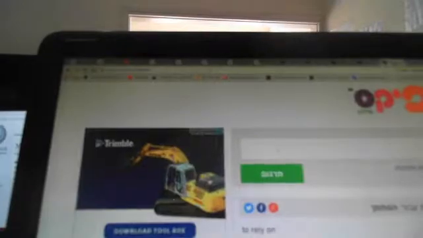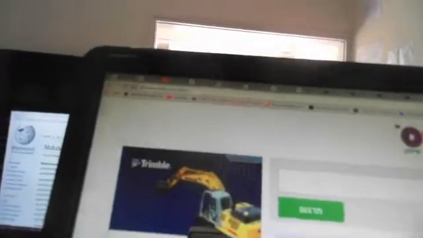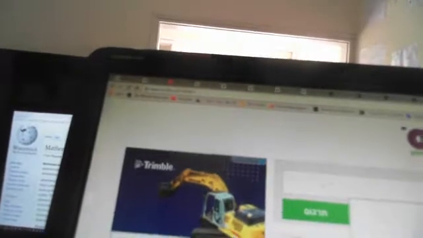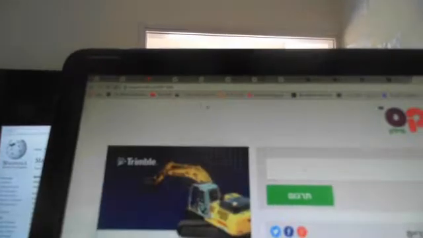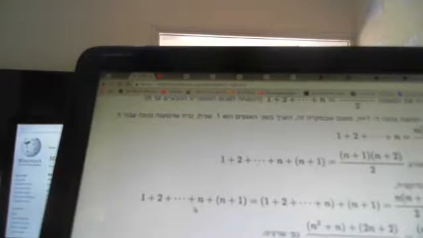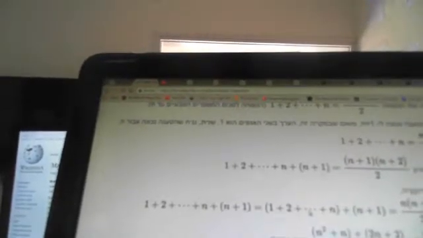Here we put brackets around 1 plus 2 plus 3 etc. plus n, which is my assumption that is true, and then n plus 1 is like this, n plus 1.